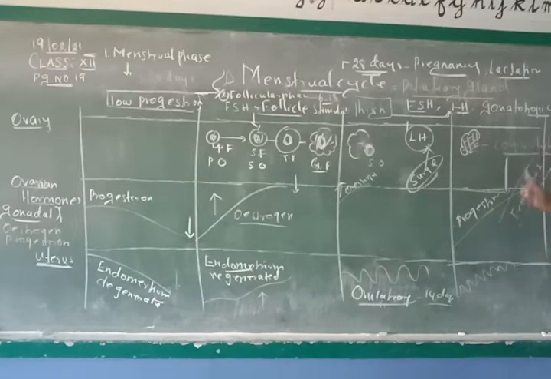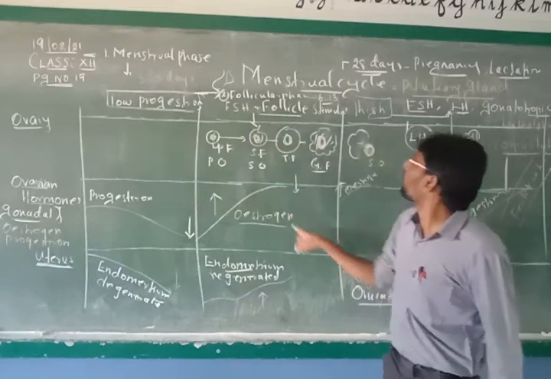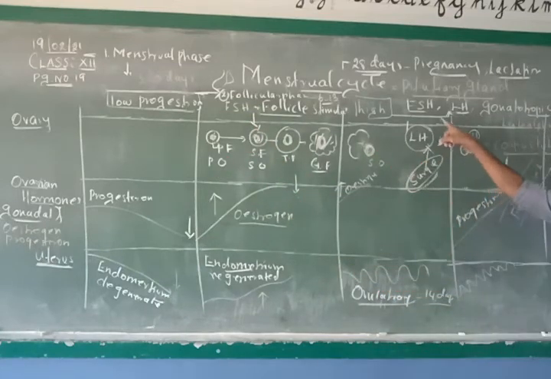The last phase, since it is secreted by corpus luteum, is called the luteal phase. Menstrual phase, follicular phase, then the ovulatory phase, and the third one is called luteal phase. This phase is 15 to 28 days.